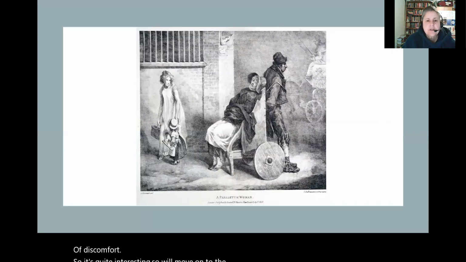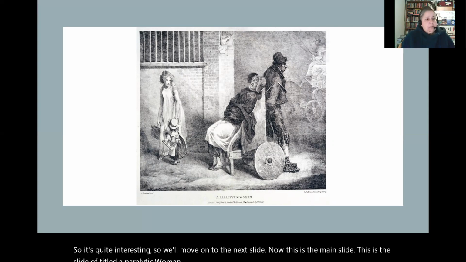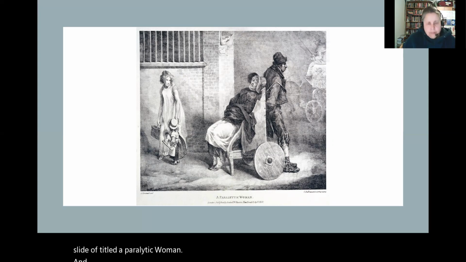Now, this is the main slide. This is the slide titled A Paralytic Woman. And it's an incredible image. What we'll see is that there are 3 frames of reference in this slide.